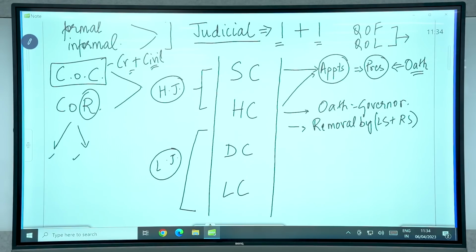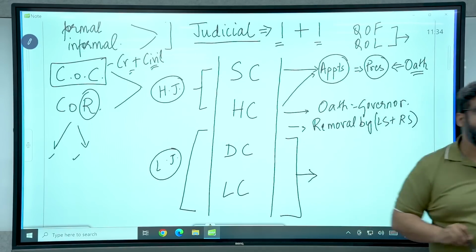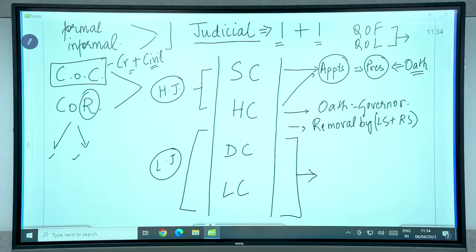Yes? Good. Now, as far as your lower judiciary is concerned, this entire ecosystem, though the chances of this being asked in the exam are fairly low, judges of the lower judiciary, which is civil courts, criminal courts, district courts, are appointed by the state government.